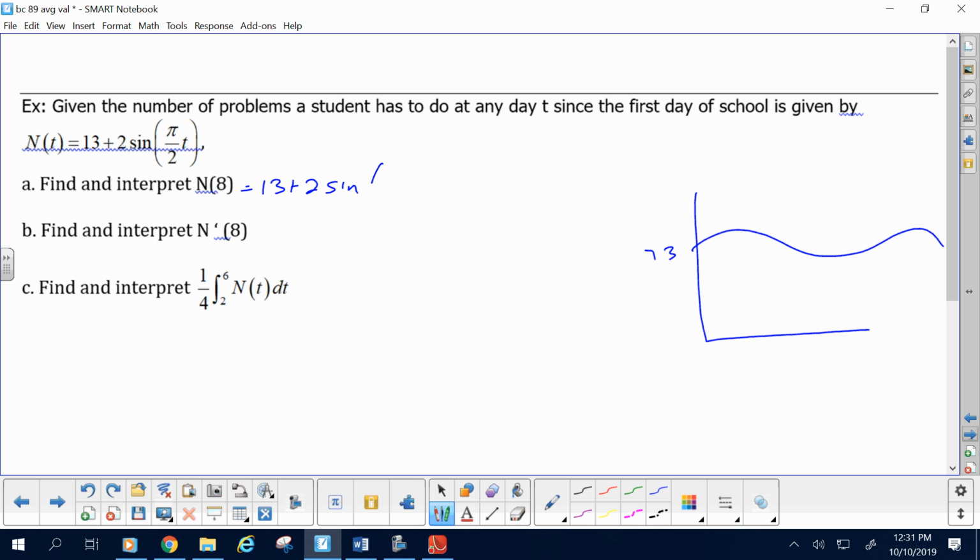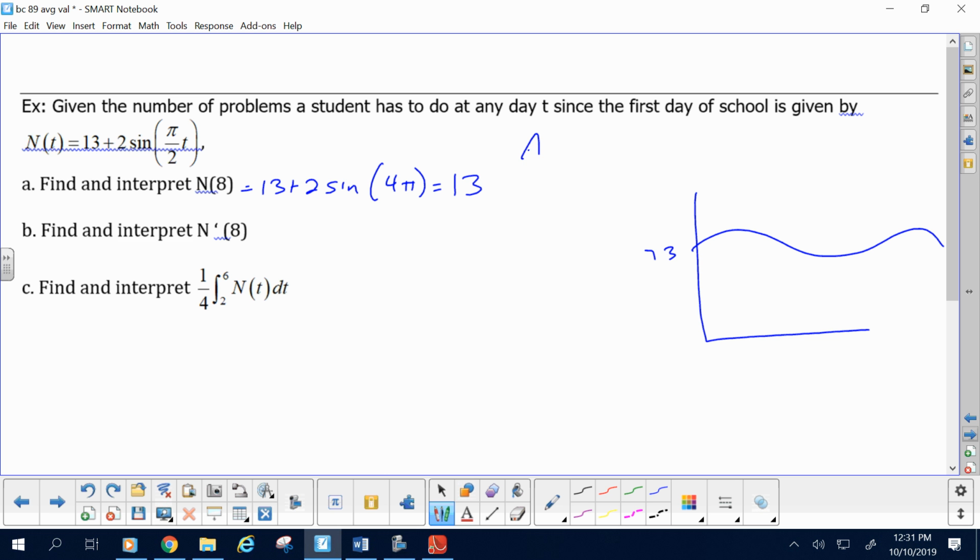I can't imagine you need a calculator for that. When you say you do, it means you don't remember your trigonometry. It's 13. Okay? Interpret. I got it. So anytime you interpret, you should say when it is and what it is.